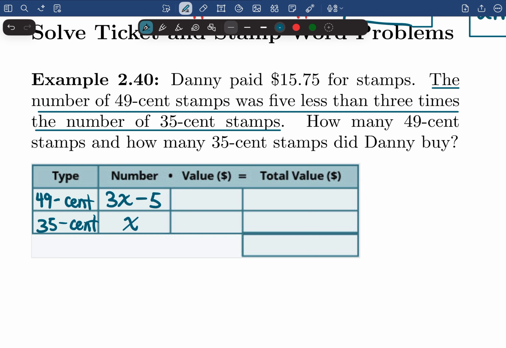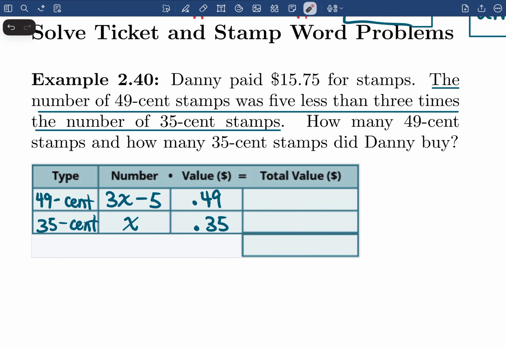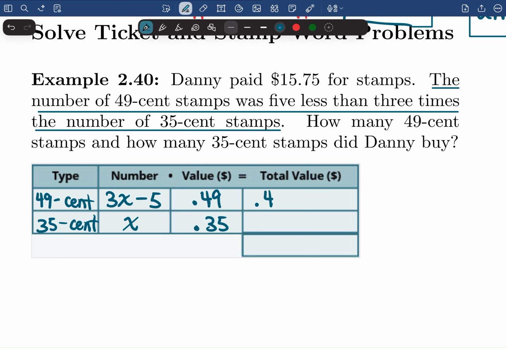Now, their value. A 49-cent stamp is valued at 0.49. And a 35-cent stamp's value would be 0.35. Now, let's multiply the number times the value in each row. So I've got to multiply 3x minus 5 times 0.49. A better way to write it would be 0.49 in front, and then in parentheses, the 3x minus 5.